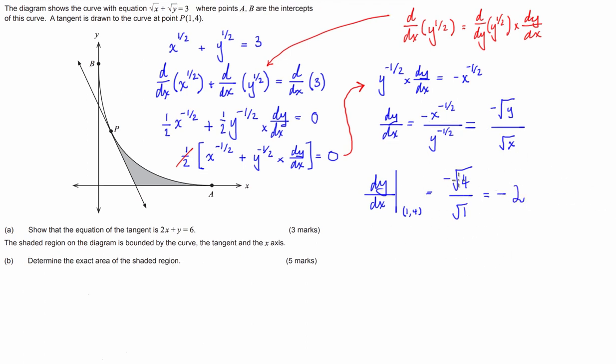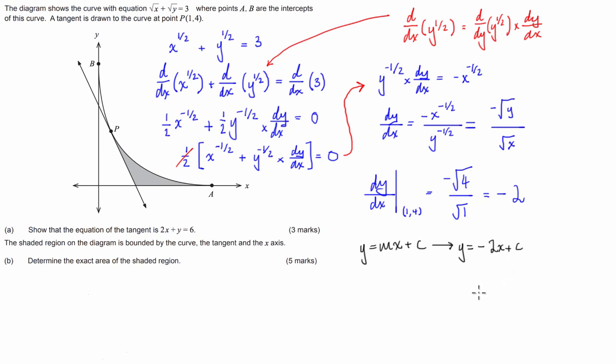Okay, so from here, like most questions which are asking us to find the equation of a tangent line, we're going to substitute this gradient into our generalised linear function, which is simply y equals mx plus c. Now we are well aware that m is the gradient of this function, so substituting in the negative 2, we're going to get y equals negative 2x plus c.